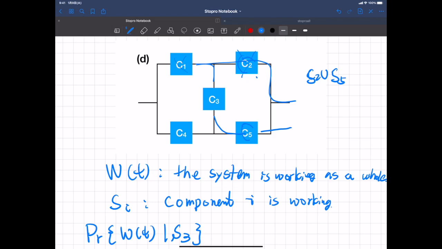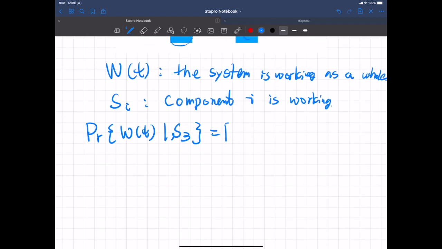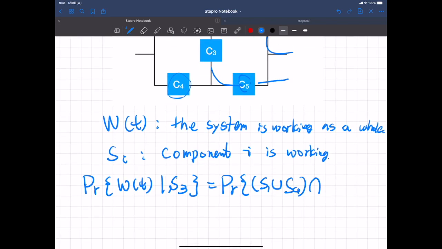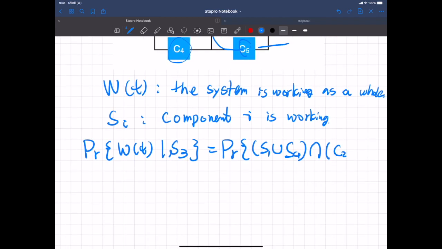So if C1 is not working, then C4 should be working. Otherwise, there's no way out. And in this case, also C2 or C5 should be working. So as a result, we require that this probability should be equal to: C1 is working or C4 is working, and C2 is working or C5 is working.